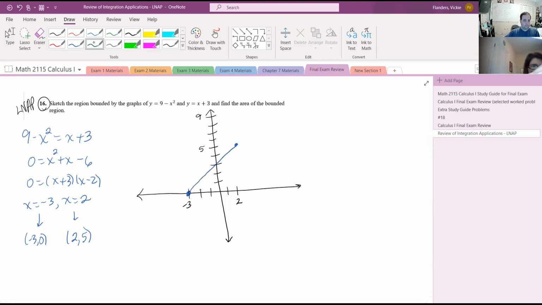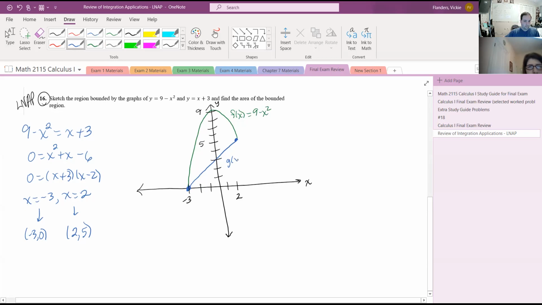Now I'm drawing the parabola in green. The parabola's vertex is at 9, so that's why I went up to 9 on the y-axis. It's this downward parabola here. It looks like my top function, I have to graph it to know my top function, is the parabola, and the bottom function is the line.